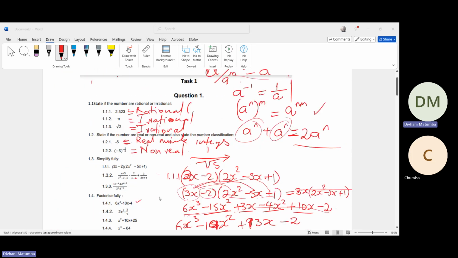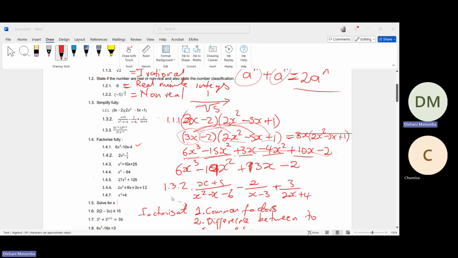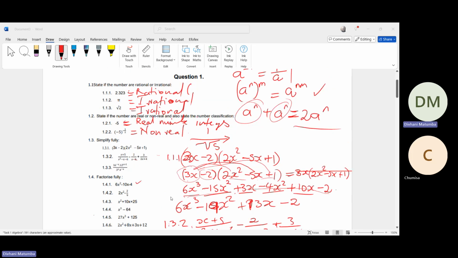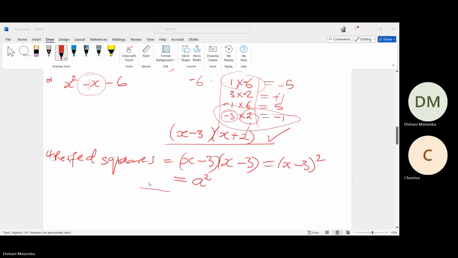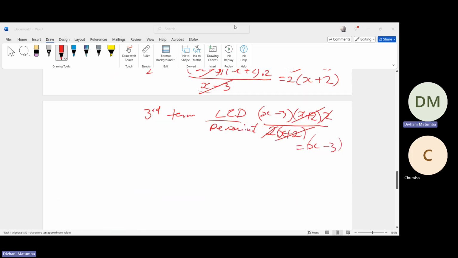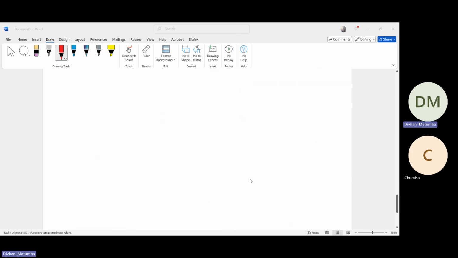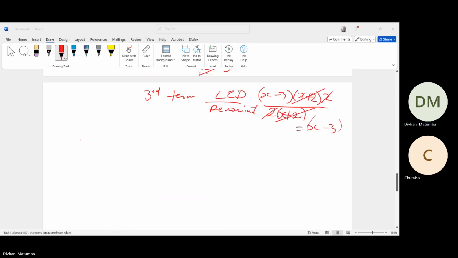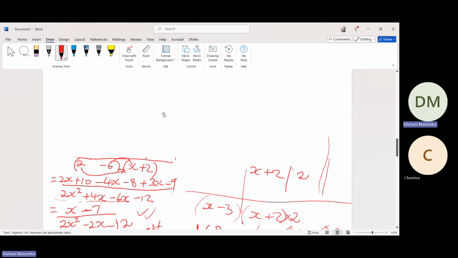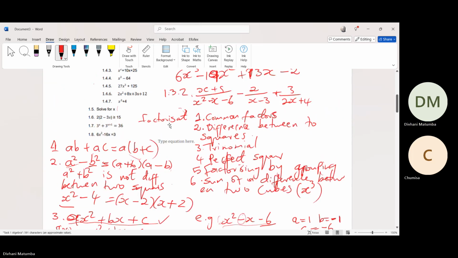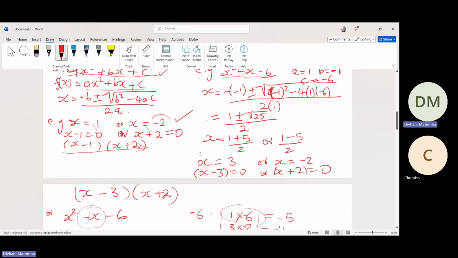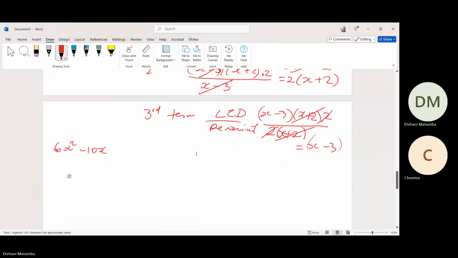Now, let's see. We have 6x squared minus 10x minus 4.